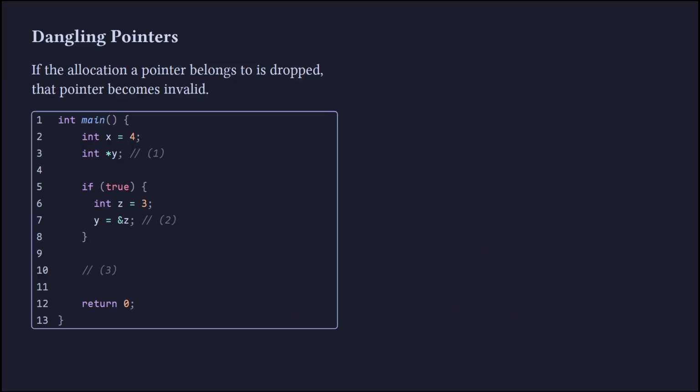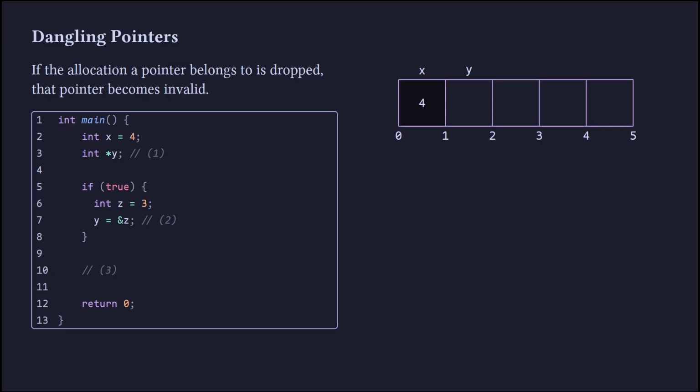Dangling pointers. Of course, when we combine pointers with our scoping rules, there are inevitably reasons where things can go wrong. In this case, we've set up the tape with two variables. We've initialized x to something, and we've created an uninitialized cell and given it the name y. So we're going to assign it a value later.